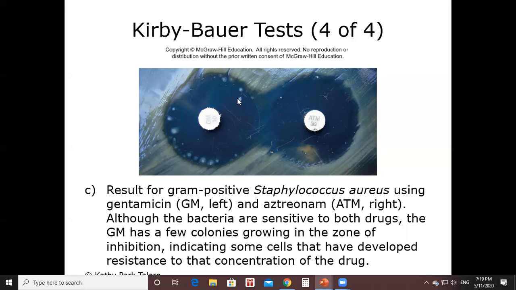These are colonies of resistant bacteria. So there's still some bacteria in this culture that will be resistant to the gentamicin, even though most of them are killed. So this is definitely the one of choice, because otherwise you kill off the main ones that are sensitive, but you leave behind all these others that are resistant, and these are going to start taking over. Then you have a resistant strain that is causing infection.